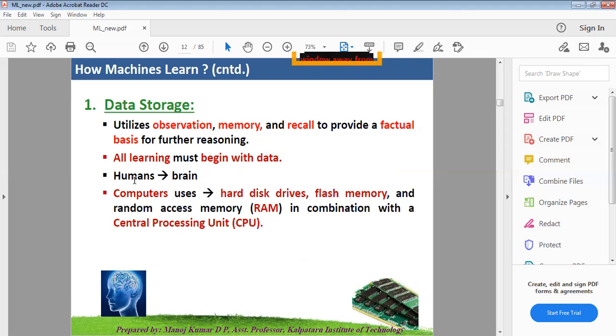Humans have all their data in the brain. Computers use hard disk drive, flash memory, and random access memory in combination with the CPU. So the computer stores in hard disk, flash memory, and RAM, and the human stores in the brain.